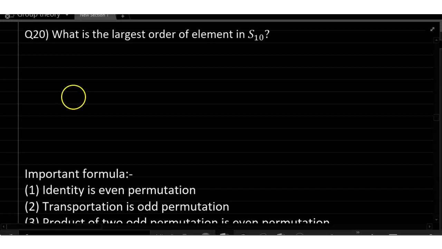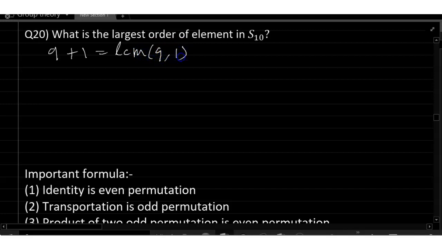So I have to find out the partition. So 9 plus 1, LCM of 9, 1 equals 9.